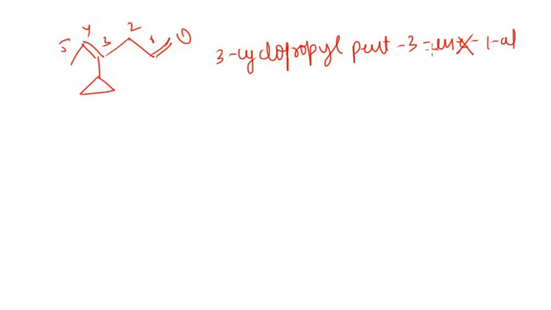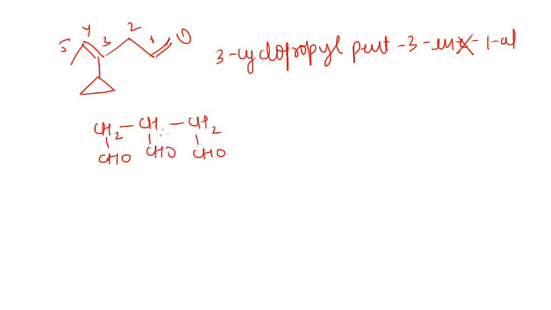Now what are the special naming? I have mentioned earlier what are the special naming. Let's say we have CH2, CHO and CH2, CHO, and CHO.